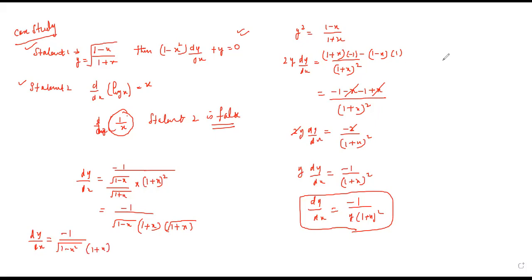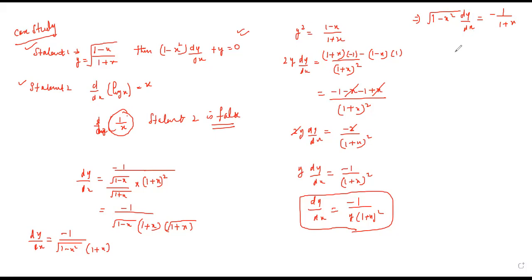x). Cross multiply. We have under root (1 minus x square) times dy by dx, which is equal to minus 1 upon 1 plus x.